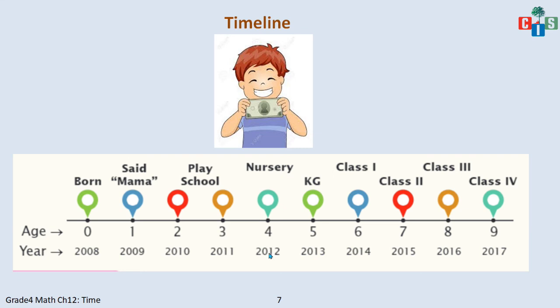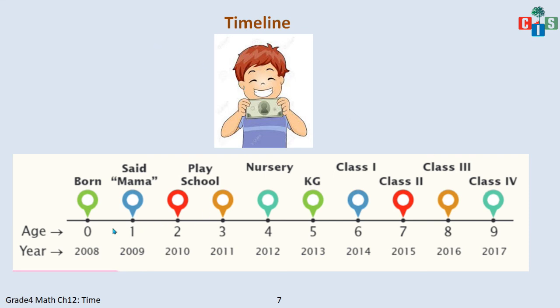Then he was in the nursery in 2012, in the junior KG in 2013, in class 1 in 2014, in class 2 in 2015, in class 3 in 2016, and likewise in 2017 he was in class 4. He was a class 4 student.